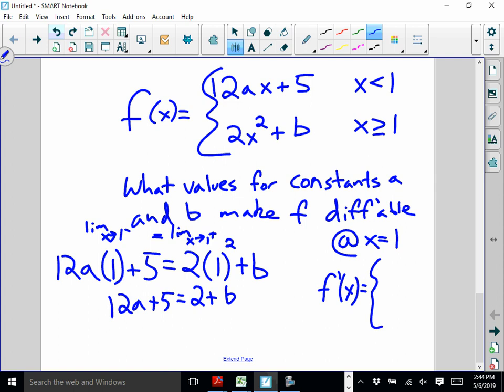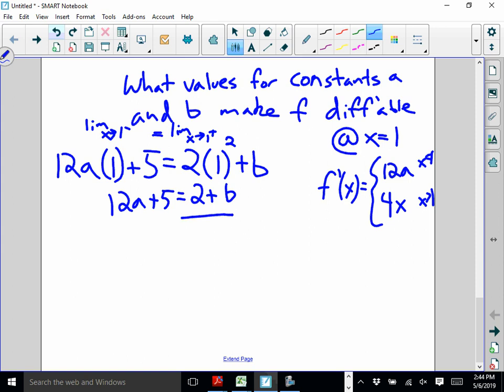The derivative of 2x squared plus b would be 4x. Again, this is for x less than 1, this is for x greater than 1. So not only must the functions equal each other, the derivatives must equal each other. So 12a must equal 4x, but x is equaling 1. So I get 12a equals 4, so a equals 1/3.